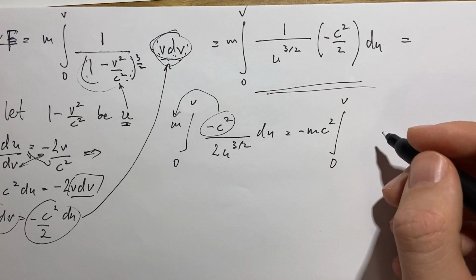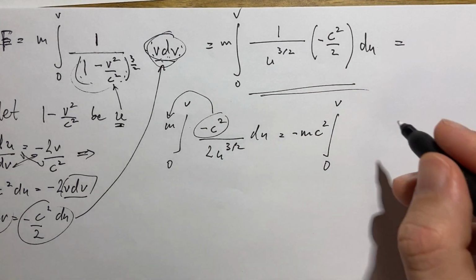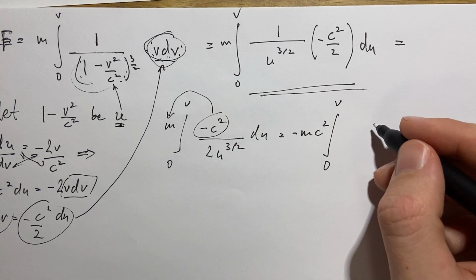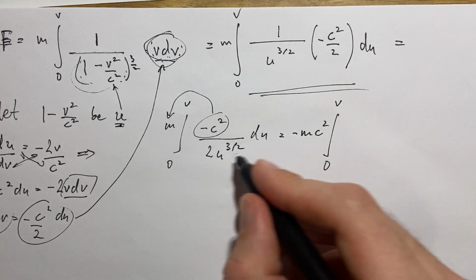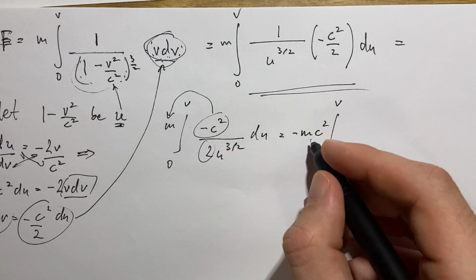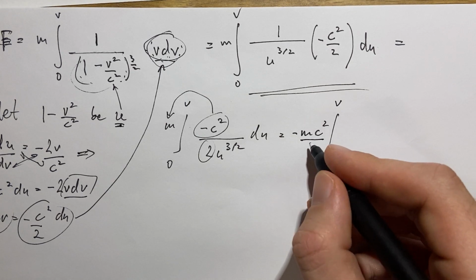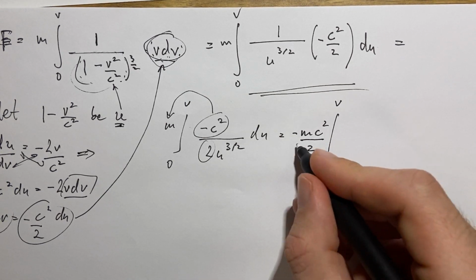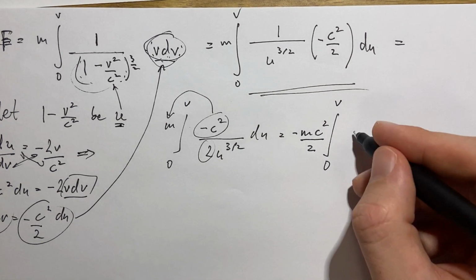Oh, actually, we can take out the 2 as well. It doesn't have to be there. So it will be minus mc squared divided by 2.